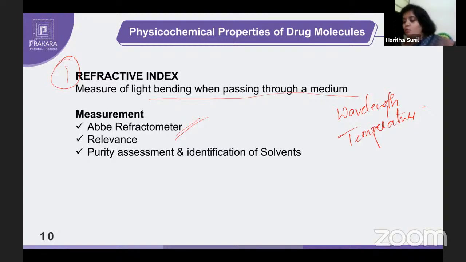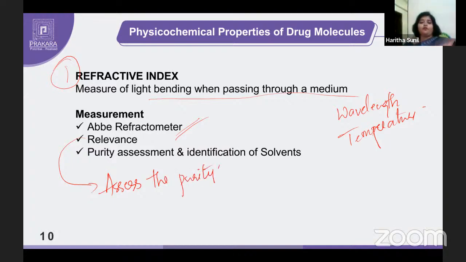What is its relevance to pharmaceuticals? It is used to assess purity. With the help of the refractive index, you can assess the purity of a compound, and if there is any deviation from the expected value, you may think there are some contaminations or impurities present in the product.